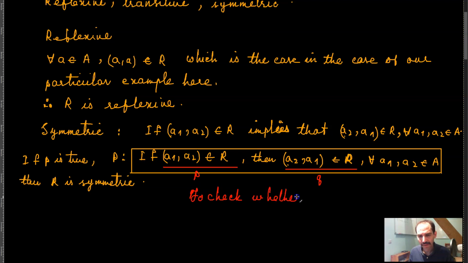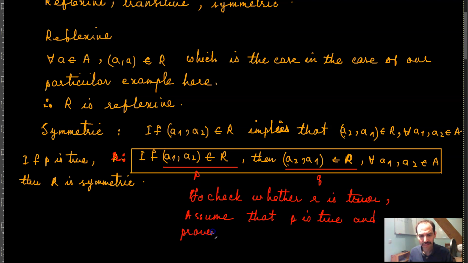And then, to check whether, let's call this statement R, for example, because I have used P and Q here. To check whether R is true, assume that P is true and prove that Q is true.